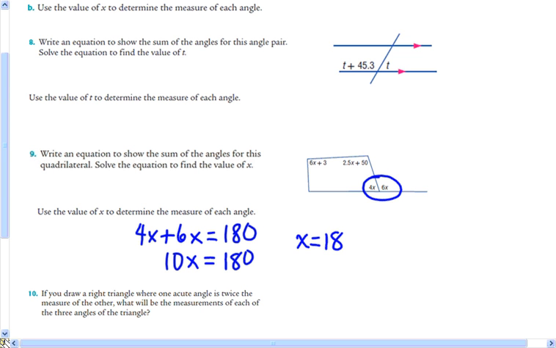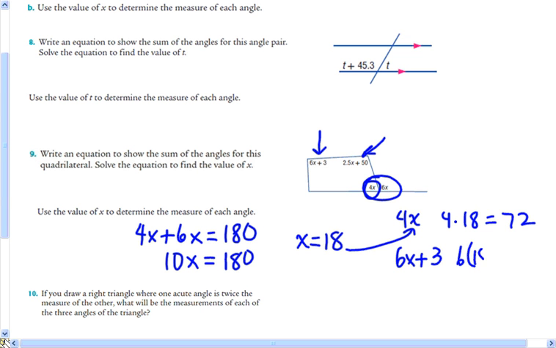Now that we know that x is 18, we can substitute that in for x in each of these three expressions and get the values. Let's do this one first, 4 times x. So we're going to substitute 18 in for the x and do 4 times 18, which is 72. 6x plus 3, we need to do 6 times 18 plus 3, which is, let's see, 108 plus 3 is 111.